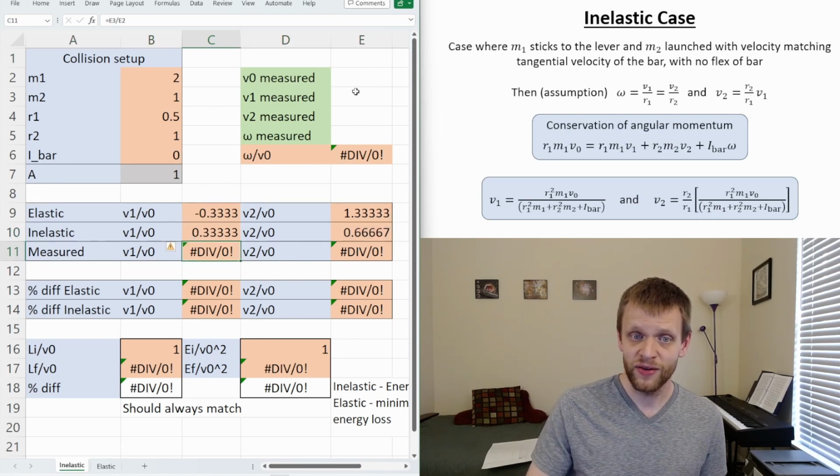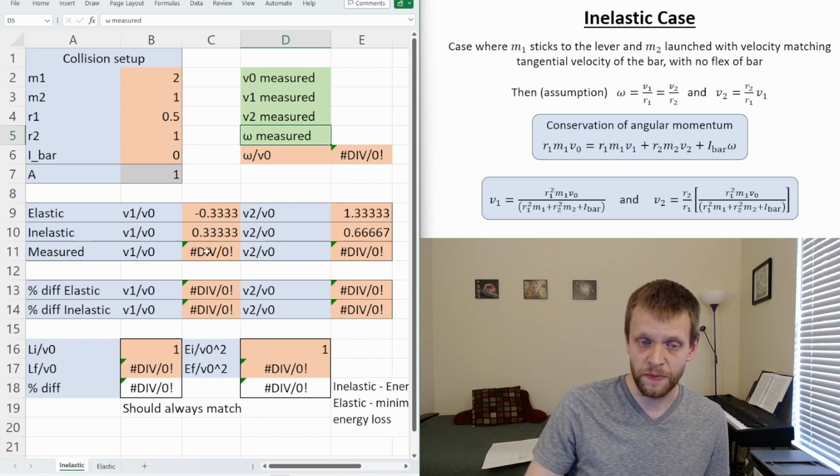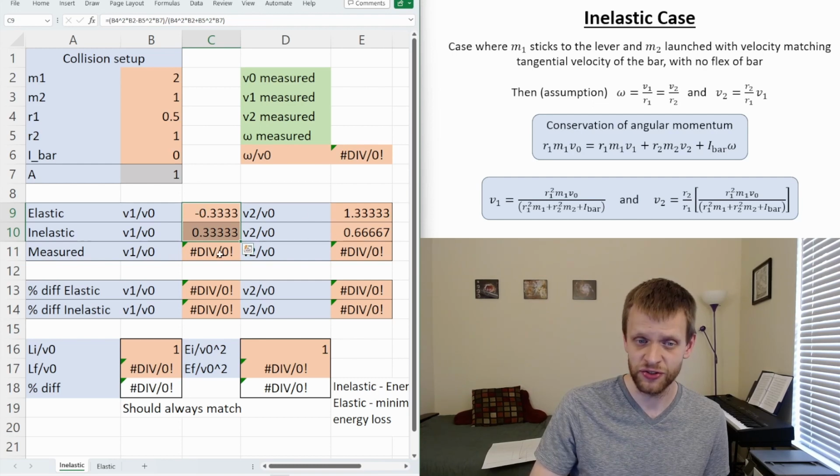And then we're going to be able to say, well, when I actually measure these values, what was the actual measured initial velocity of the mass, what were the velocities after the collision, and how quickly is the bar rotating. We're going to be able to compare our predictions for elastic and inelastic cases with what we actually get for the measurements. We're also going to be able to look at what percentage off we are.